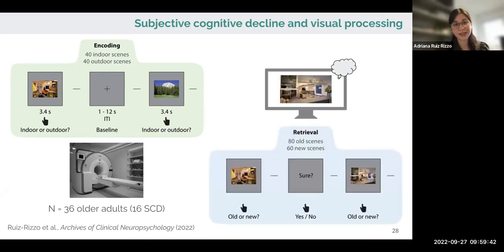Then, after this scanning session, there was the retrieval phase, in which they were shown the scenes they saw in the scanner previously, but also there were other new scenes intermixed, and they had to say whether the scene they were presented with was old or new, and whether they were sure about that response.